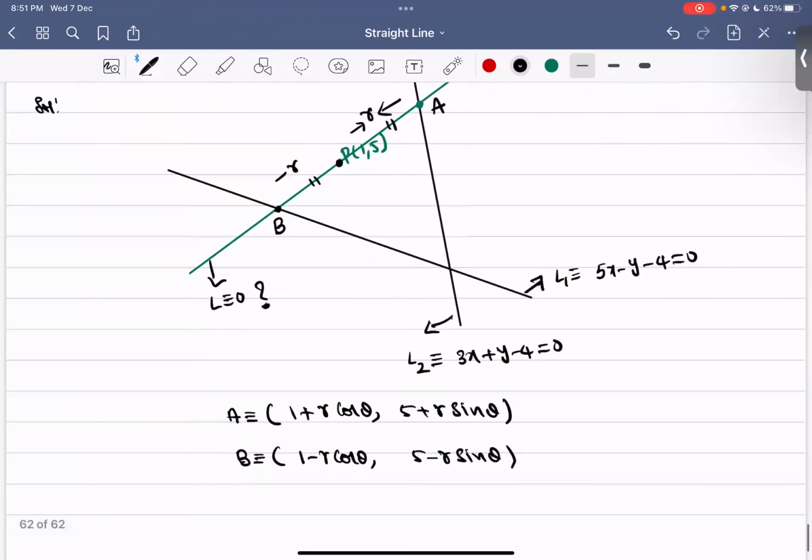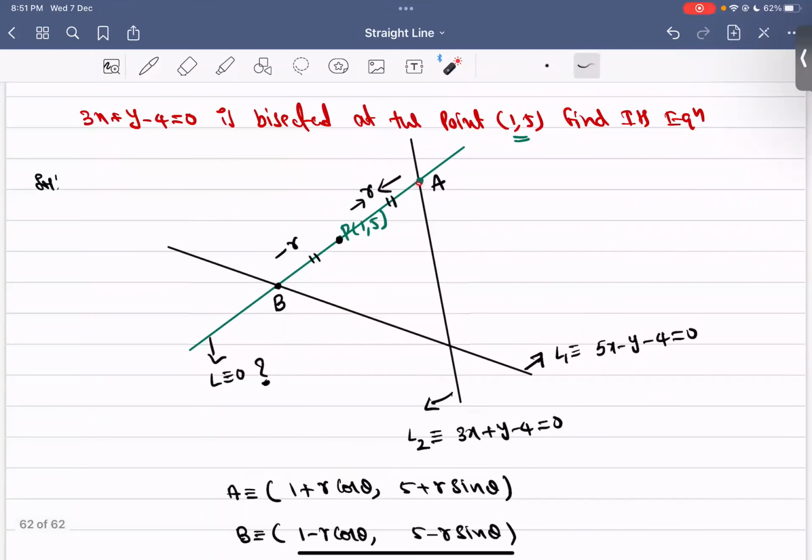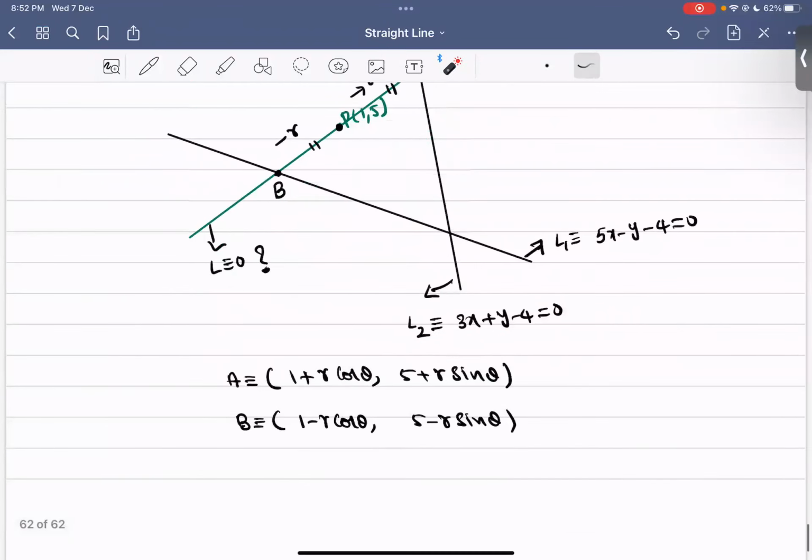Now tell me, A lies on which line? It's 3x plus y minus 4 equals 0. B lies on 5x minus y minus 4 equals 0. Therefore, A satisfies L2 and B satisfies L1. So we substitute.